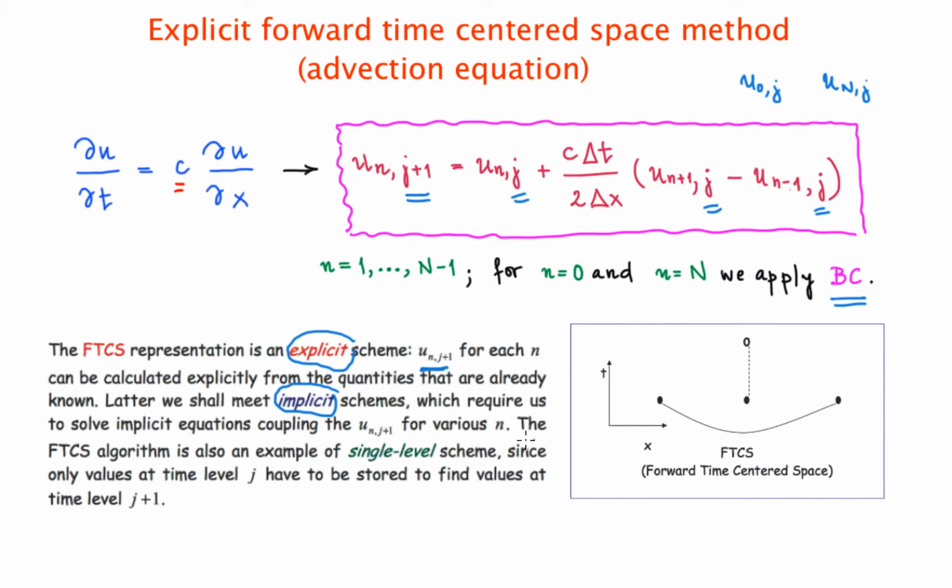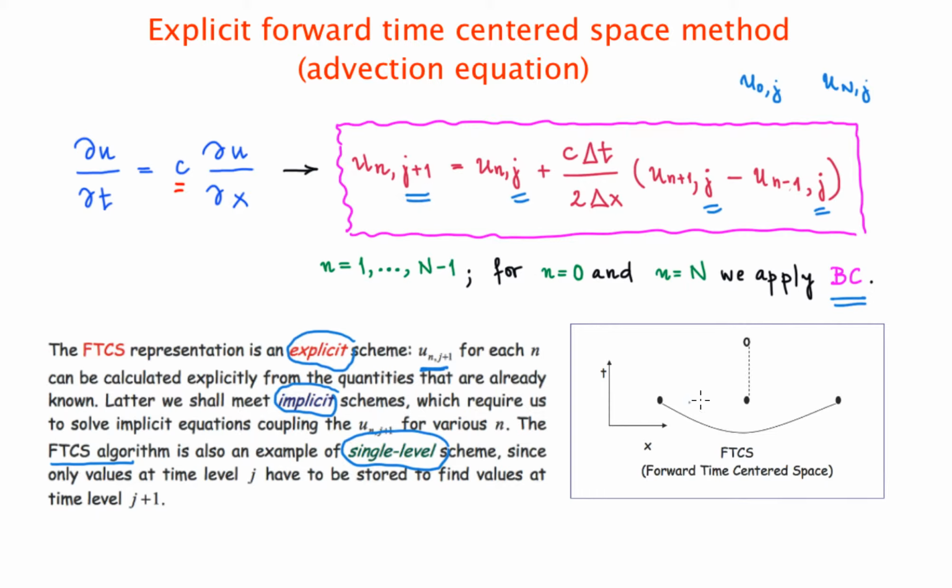And here again, this algorithm is also an example of a single level scheme, because only values at time j are needed, or have to be stored, in order to find the values at time j plus 1. So just one time step before the values of the u function that are needed in order to have the u functions at a certain time step.